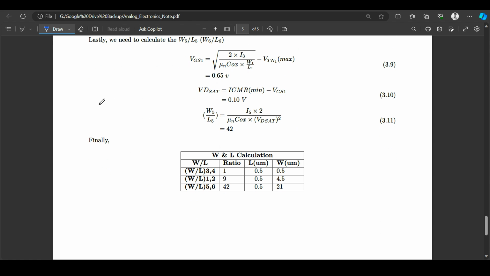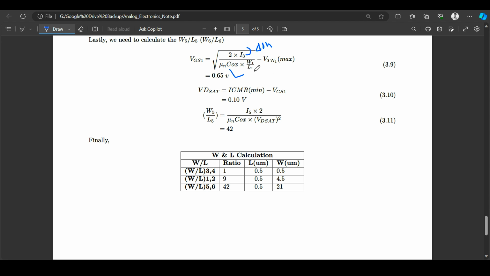After that, I have to calculate the W by L ratio for M5 and M6. Before going to calculate it, I have to know the gate to source voltage for the NMOS. How can I know that? I know the current I3, which is basically 40 microampere. I know the mu n Cox.